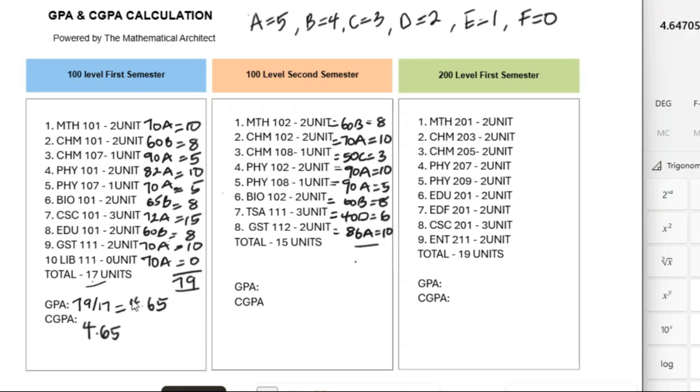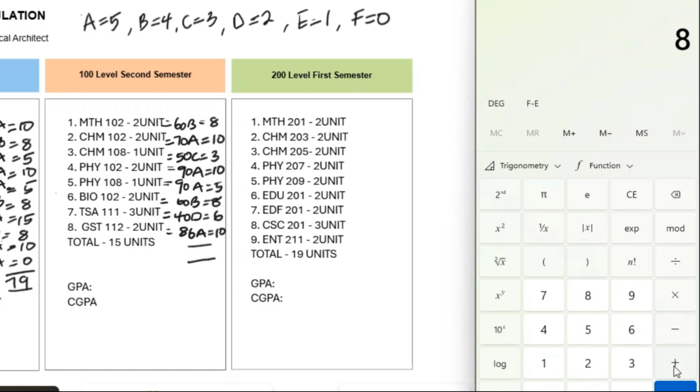So our total number of points here, we have the first, there is 8, plus we have 10, plus we have 3, plus we have 10, plus we have 5, plus we have 8, plus we have 6, plus we have 10.